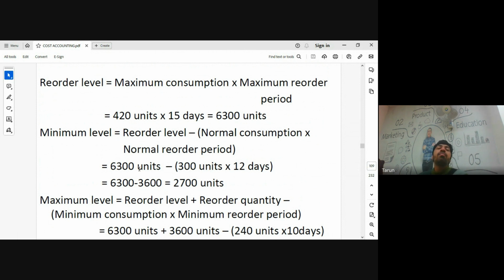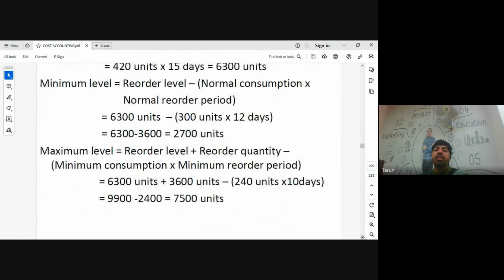So let's talk about the maximum level, how to calculate it. Maximum level is equal to reorder level, which has already been estimated, plus reorder quantity, which will be given in the question, minus minimum consumption into minimum reorder period.